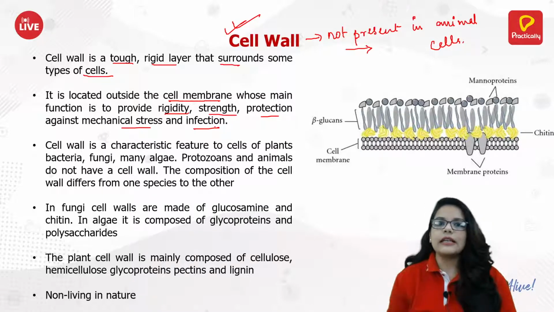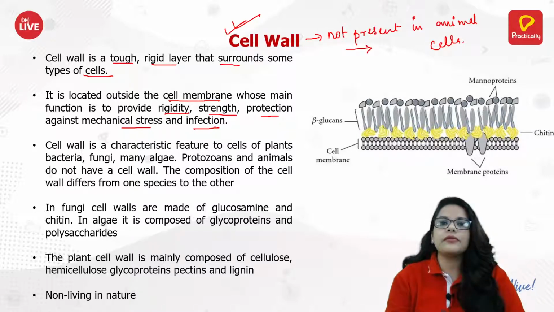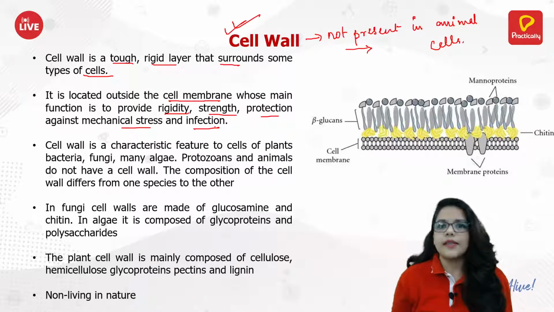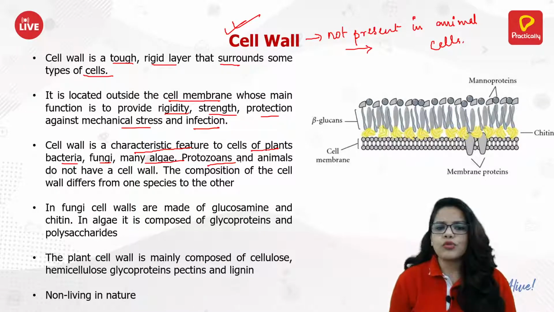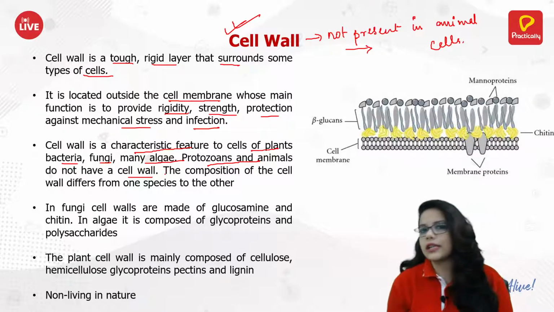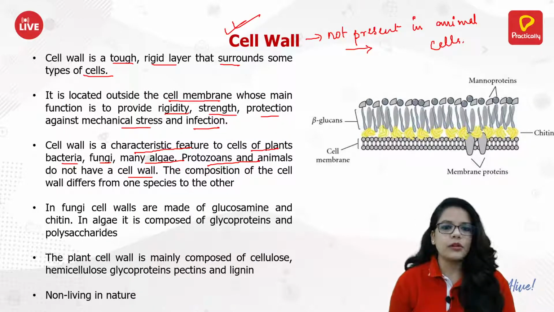The cell membrane is there, but they have to secure themselves, so that strength comes from the cell wall. The cell wall is a characteristic feature of cells of plants, bacteria, fungi and algae. Protozoans and animals don't have a cell wall.